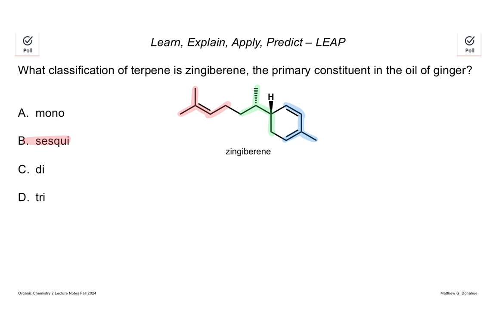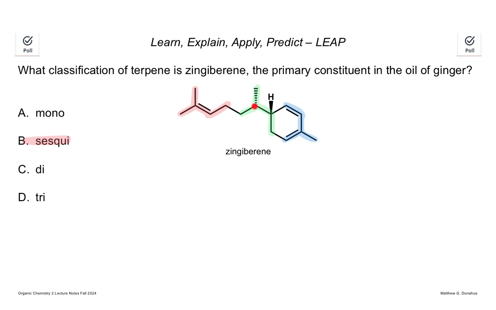Just as a review, these bonds that are just lines reside in the plane of the screen. This dashed line means it's projected away from you. The bolded wedge means it's coming towards you. When we look at this carbon here, there's a hydrogen that's not shown.